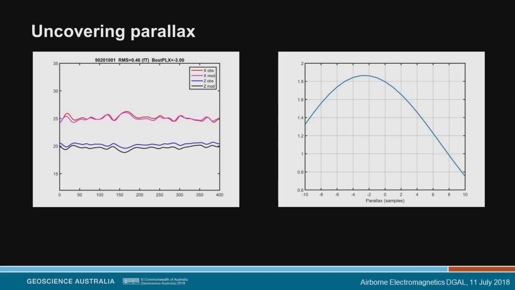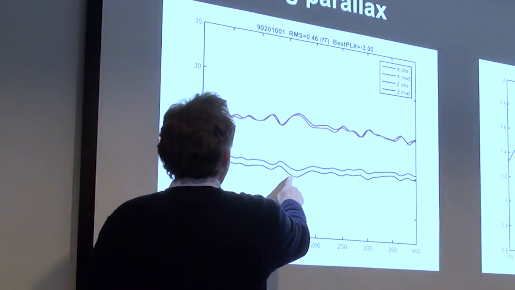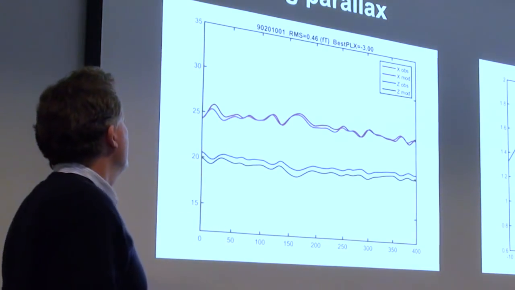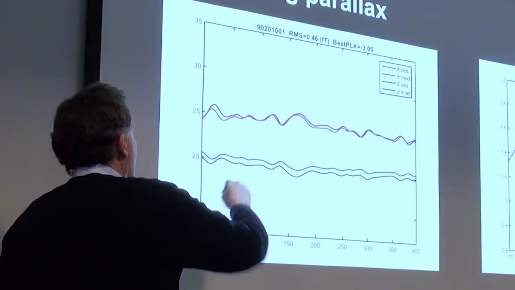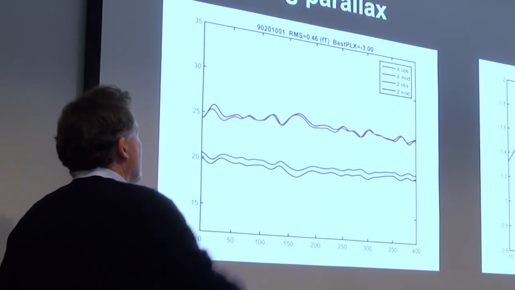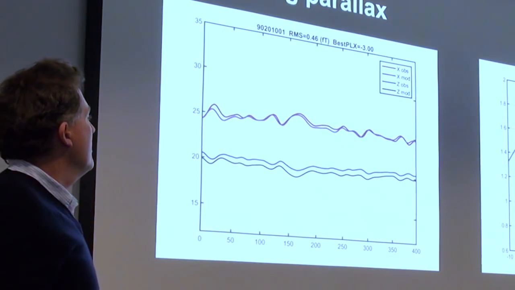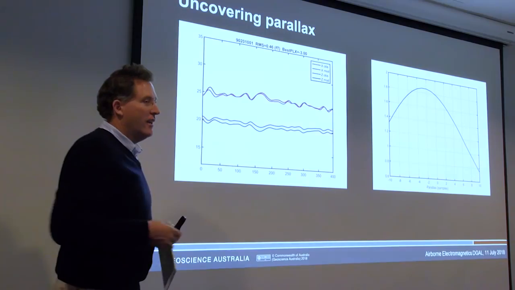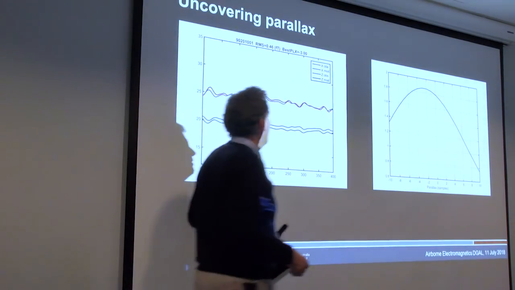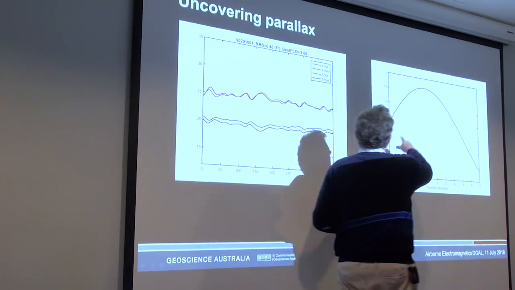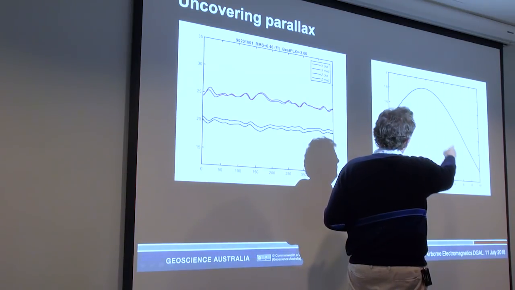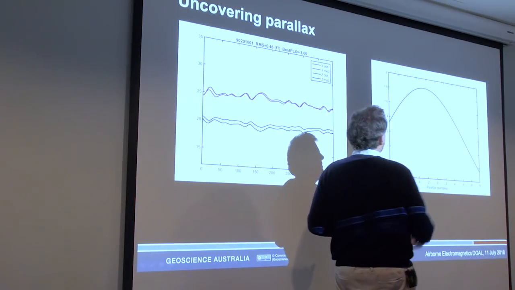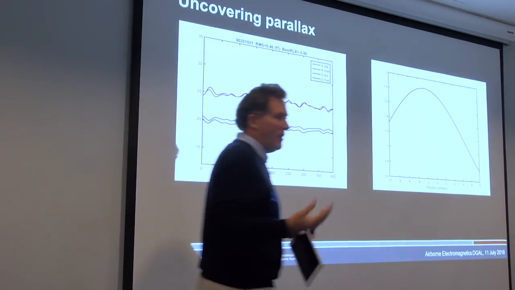This is another little thing that we picked up along the way. Those of you that have got a keen eye for geophysics will see that there's a slight parallax delay, a slight horizontal shift between these plots. And through all of our modelling, we could do some cross correlations to find out that there was, in this particular case, a 3 sounding parallax shift.